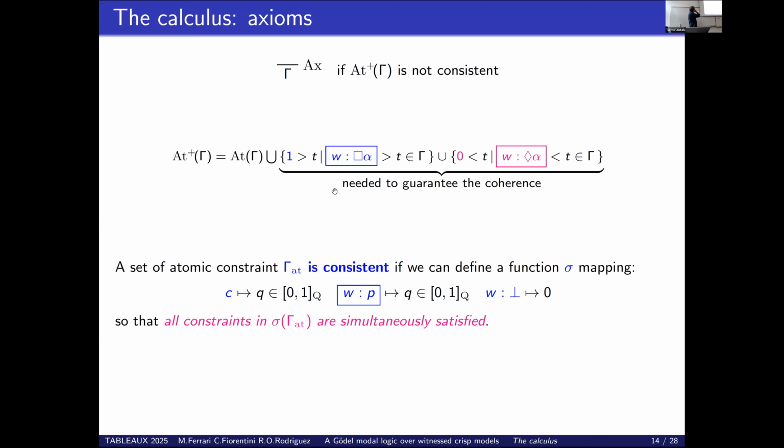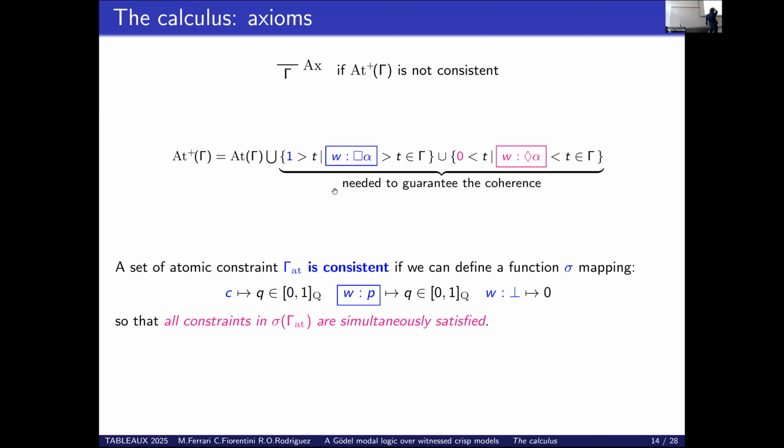In the calculus, axioms are sets of constraints in which the atomic constraints can be satisfied, in the sense that we can find a substitution of constants, an assignment of rational values to constants and to atomic formulas, so that all the constraints are satisfied at the same time.